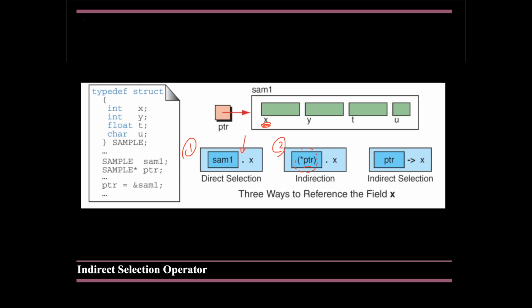Since we're dealing with a structure, you can use the direct selection here, but the indirection is that dereferencing operation we're talking about. So this will get you that x. And the third one is to directly take the PTR, which is a pointer pointing to a valid structure in place. You can use the indirect selection, which is that arrow sign we're talking about, to fetch the data member here. So all three are valid.